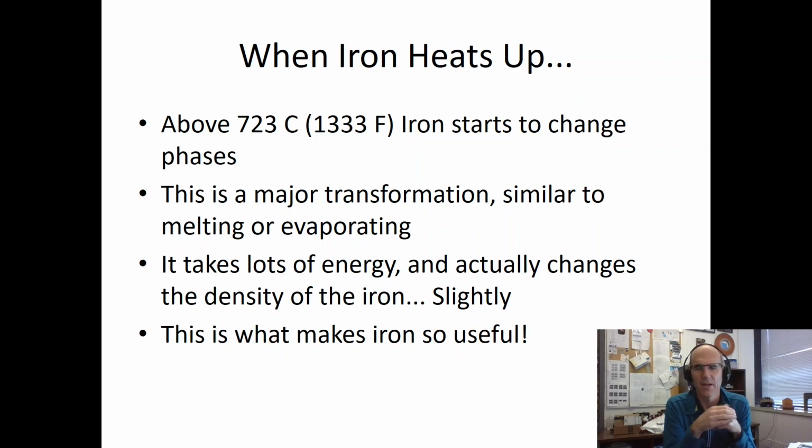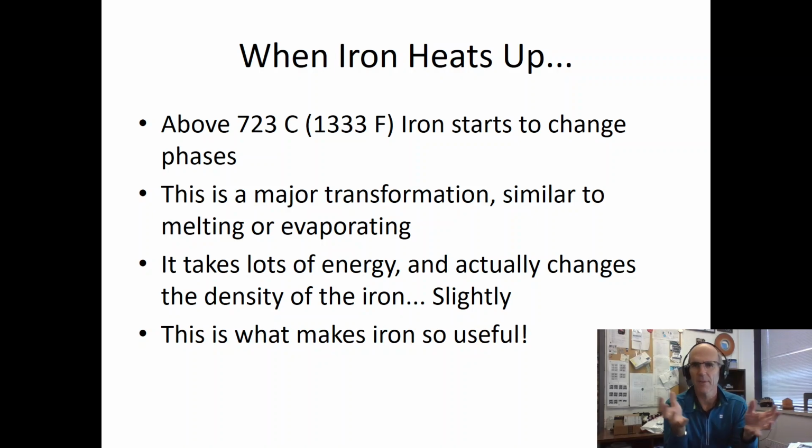In fact, you get way beyond that when you do your arc welding and you're melting the actual steel. So when the iron heats up above 723 degrees, we start to see some changes. And it's a really important transition because the entire crystal structure changes. And it takes a little while to do, and it takes a lot of energy. It's as big a deal as melting or evaporating.